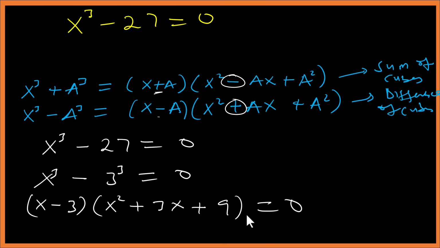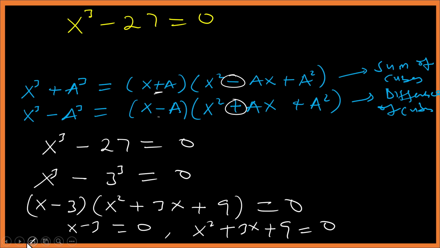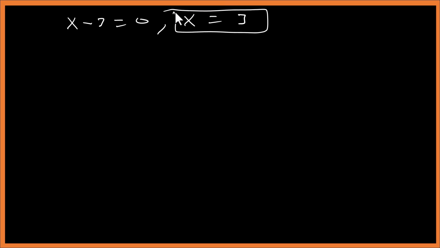Now with the zero product, x minus 3 equals 0, and x squared plus 3x plus 9 equals 0. So the first solution: x minus 3 is equal to 0, so x equals 3.